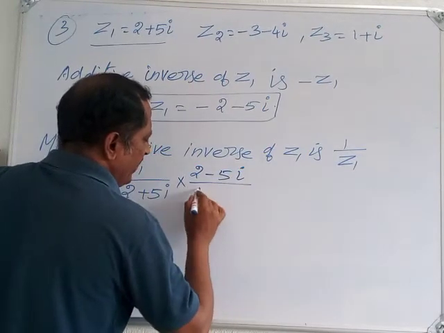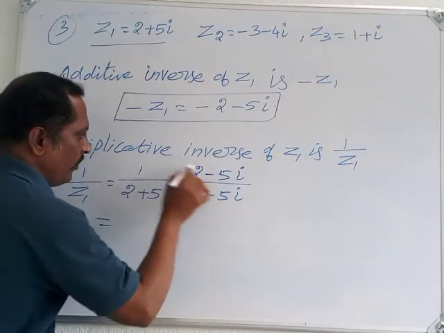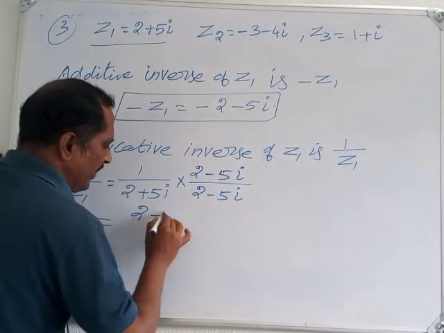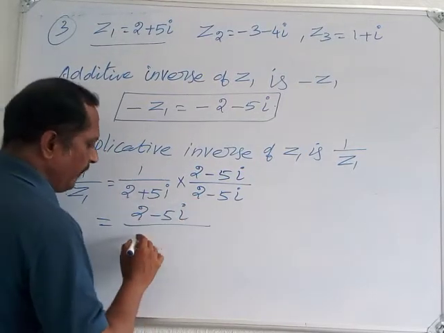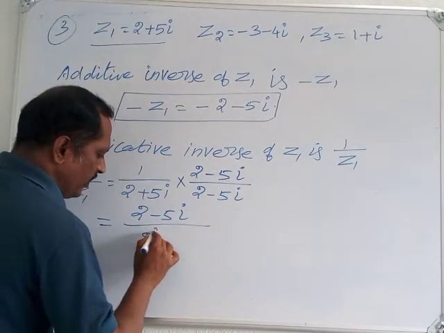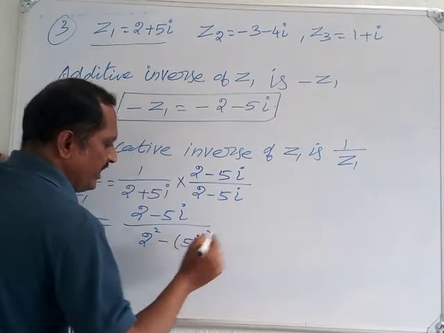2 minus 5i divided by 2 minus 5i. So the numerator is 1 into this value, and you get the same number 2 minus 5i. The denominator: (a plus b) into (a minus b) is a square minus b square, so 2 square minus b square, where b is 5i, 5i the whole square.